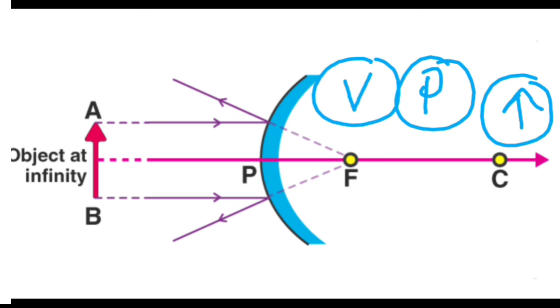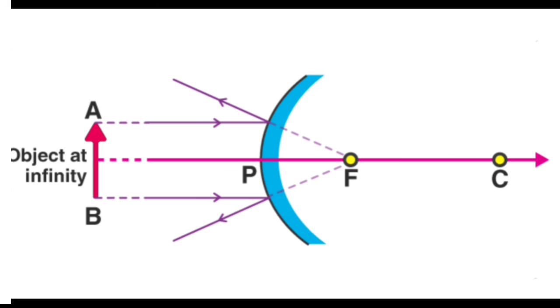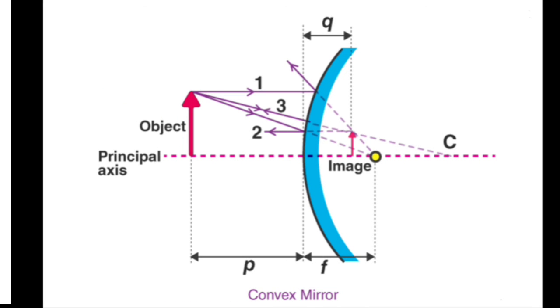Though we cannot see whether it is erect or inverted because it is point size, we have to consider it as erect, directed in upward direction. Next one is a convex mirror when the object is between infinity and the pole.